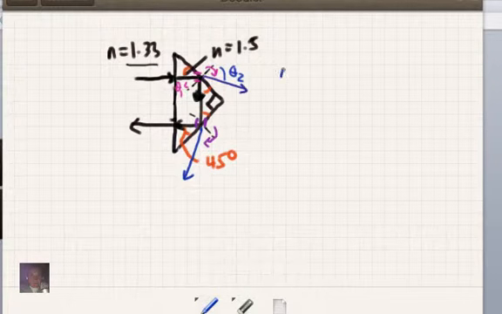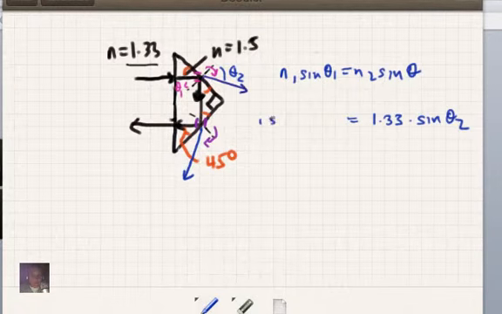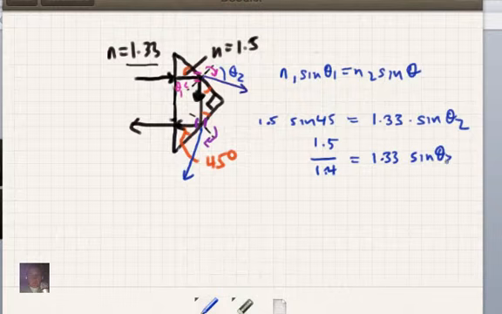And using Snell's law, n1 sine theta 1 equals n2 sine theta 2. And in this case, we have 1.33 times sine theta 2, and we have 1.5 times sine 45. So 1.5 over 1.4, roughly 1.414, equals 1.33 times the sine of theta 2.